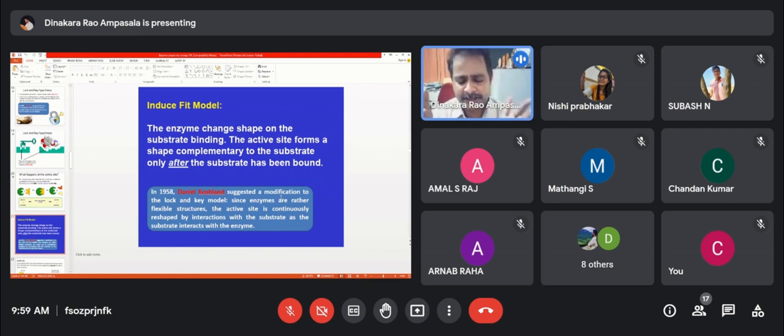So he proposed the induced fit model. When the protein approaches the substrate having the complementary binding site, the protein's active site may change to form a complementary structure. This substrate interaction may induce some changes in its active site. So this proposal is called the induced fit model.